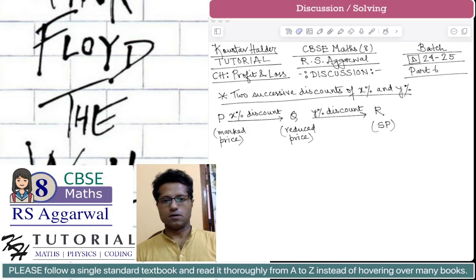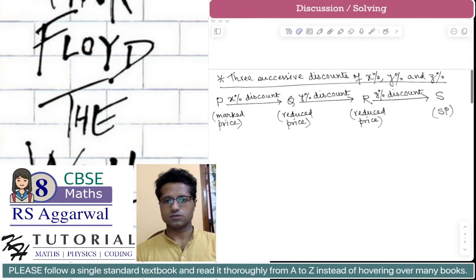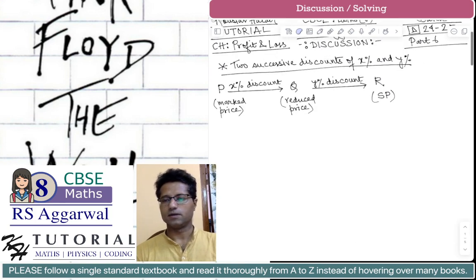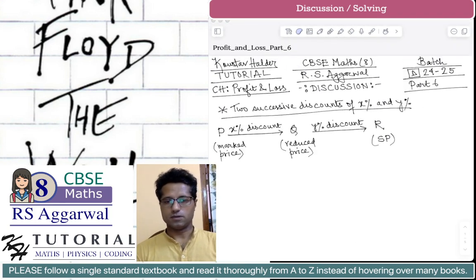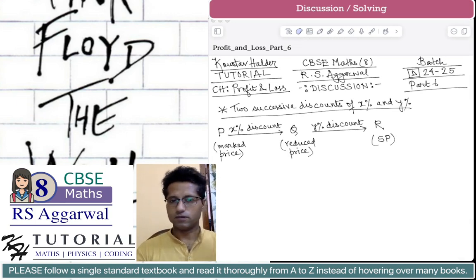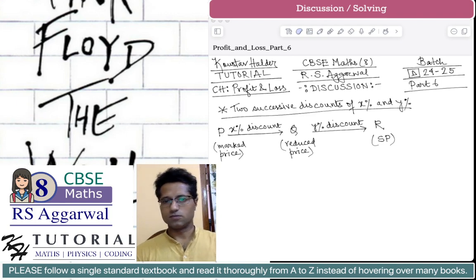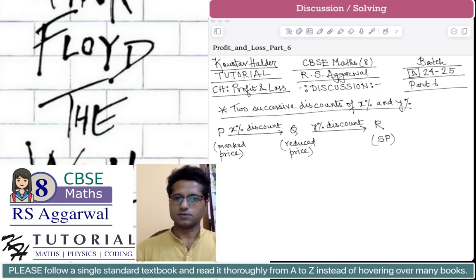Okay, so I have my very rough, incomplete notes prepared for the discussion of this video, which is about successive discounts. What do we mean by successive discounts? As you know, discounts are applied on the mark price.